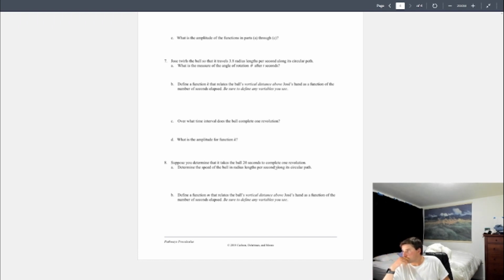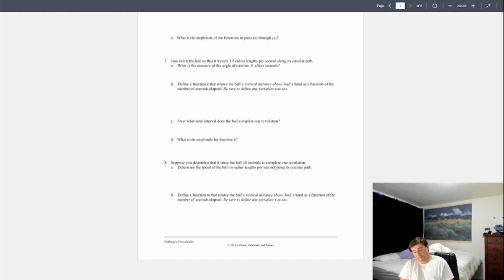Seconds. 0.722 feet per second. What if I just convert units to make it radius length instead of feet?